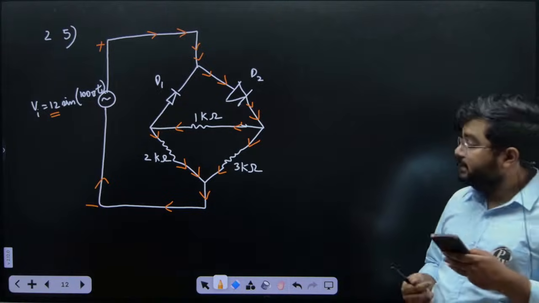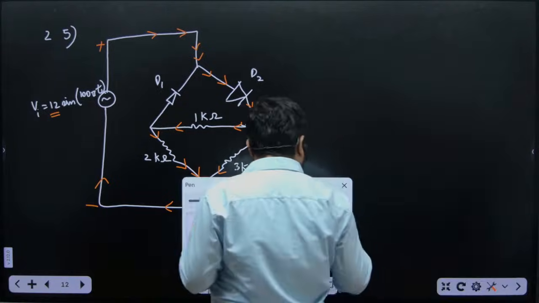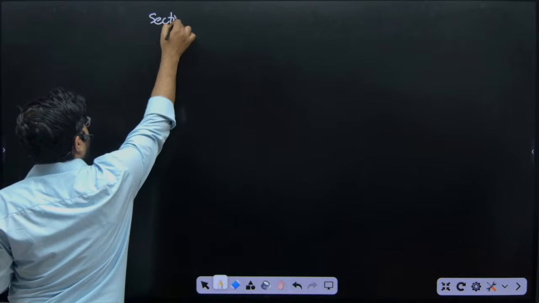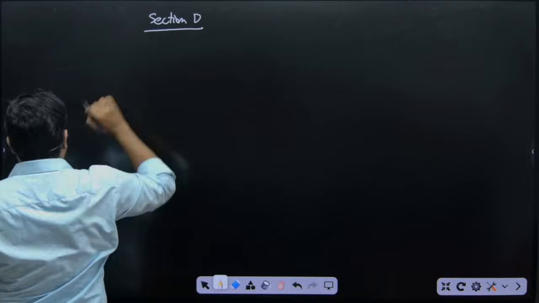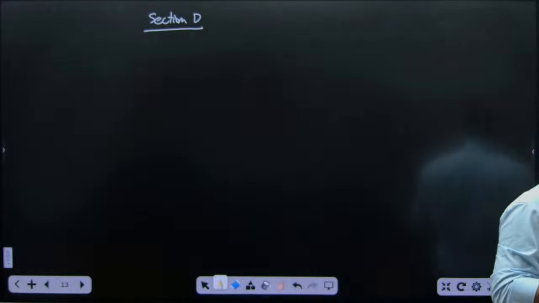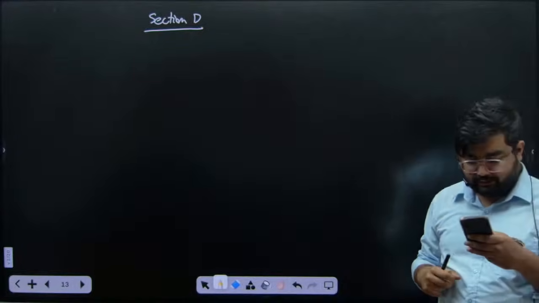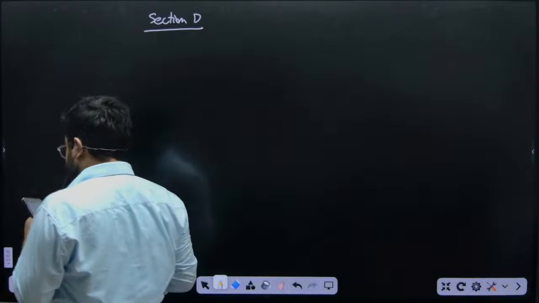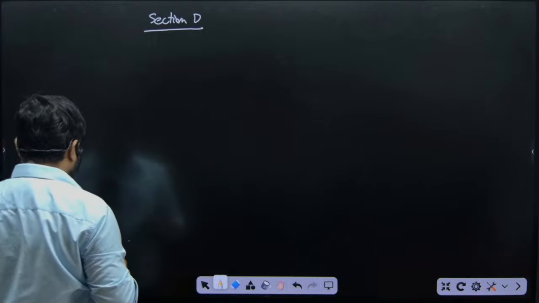Next is a paragraph type question, section D. The first paragraph is related to a galvanometer. Let us see the questions. First question: torque on the coil remains constant irrespective of the coil's orientation during rotation due to. This is question 29.